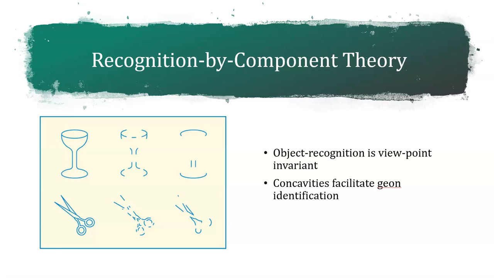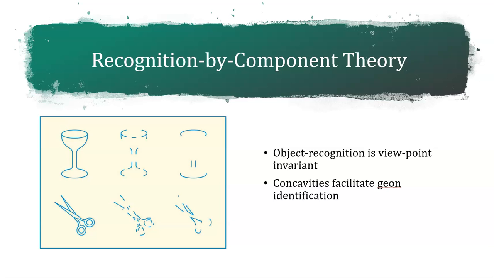How do we recognize objects when only some of the relevant visual information is available? According to Biederman, the concavities in an object's contour provide especially useful information. He obtained support for this view in an experiment in which observers were presented with degraded line drawings of objects, as we see on this slide.